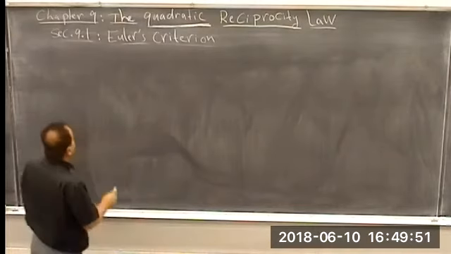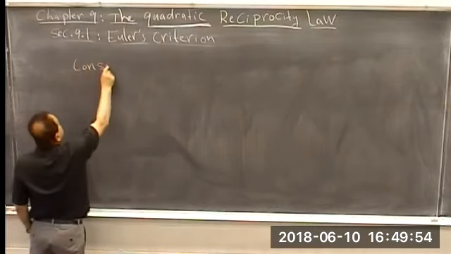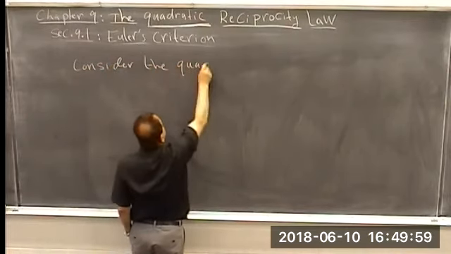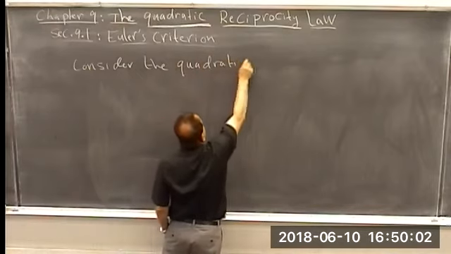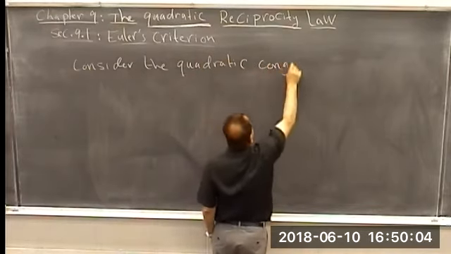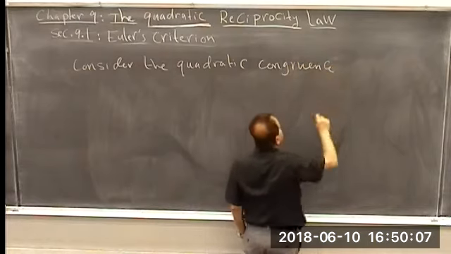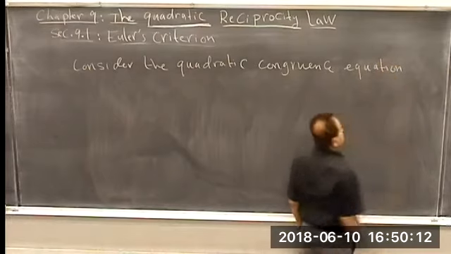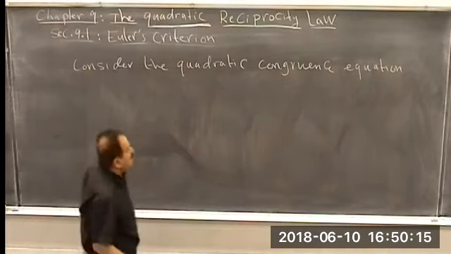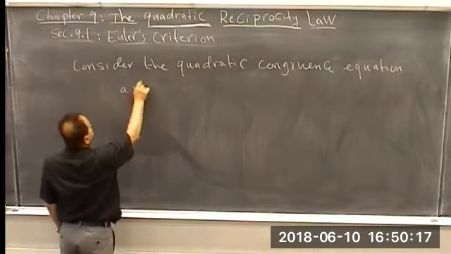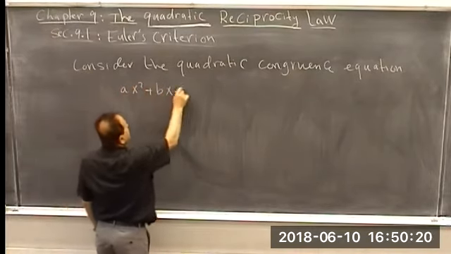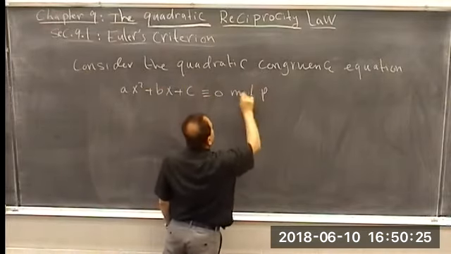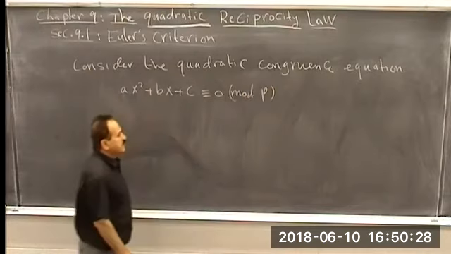So we're going to consider the general quadratic congruence equation ax squared plus bx plus c congruent to 0 mod p. We're going to consider it where p is a prime.